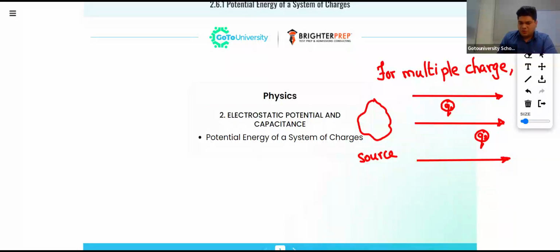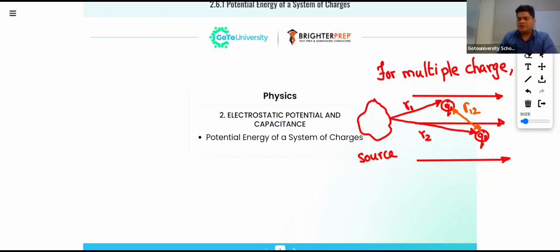From the source, charge 1 is at a distance of R1 and charge 2 is at distance R2, and the distance between Q1 and Q2 will be R12.